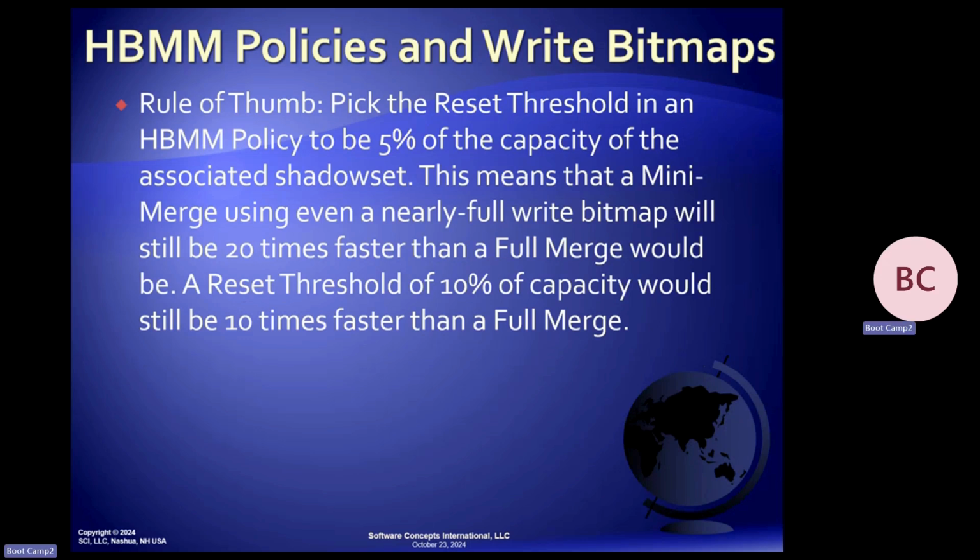If you set a threshold of 10% capacity, that would still be 10 times faster than a full merge. But as a rule of thumb, I've set it roughly at 5%. That seems to be a lot better than the defaults of 50,000 blocks or 1 million blocks.